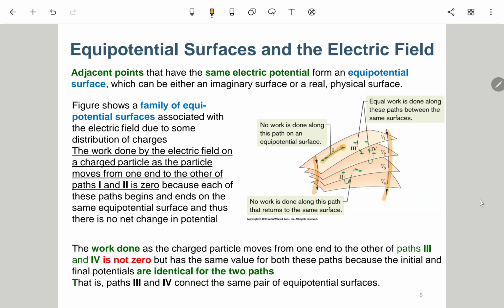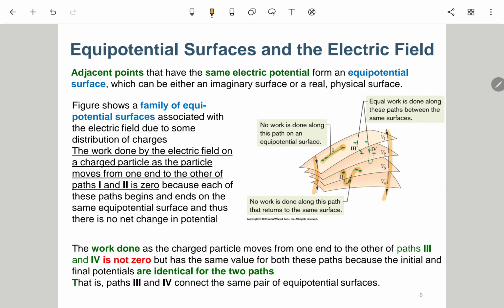And then let's see the second one. It starts from here on V3, goes off V3 and then goes back to V3. There is still no work done for this movement, because the potential change only relates to the initial point and the final point.